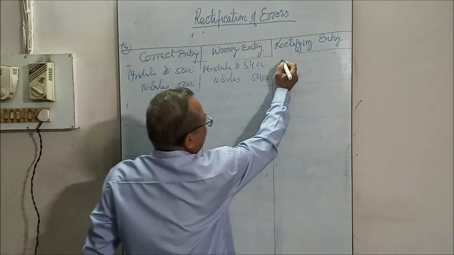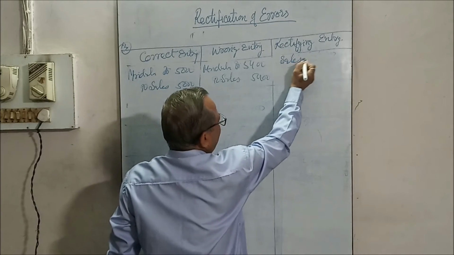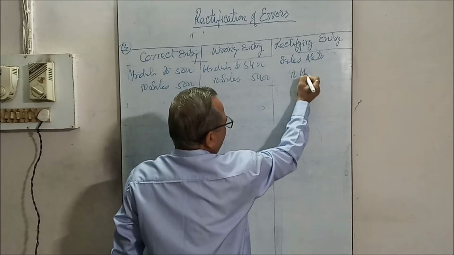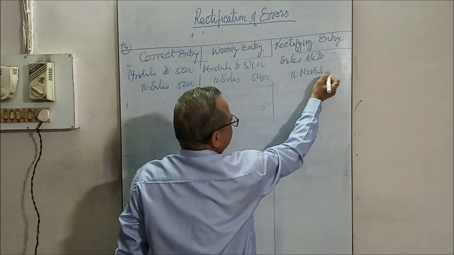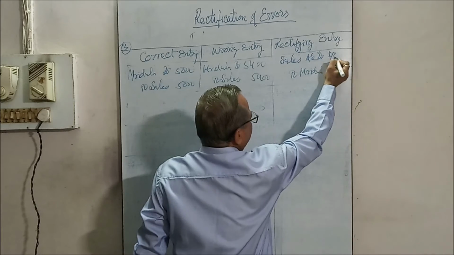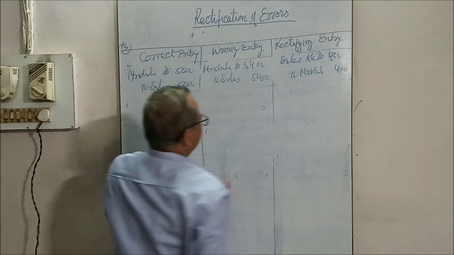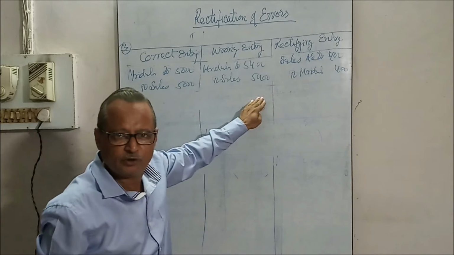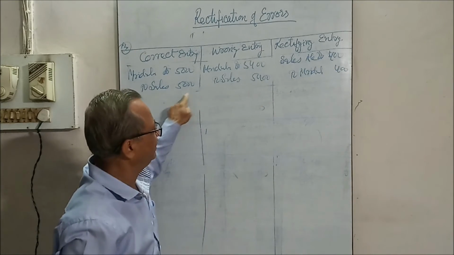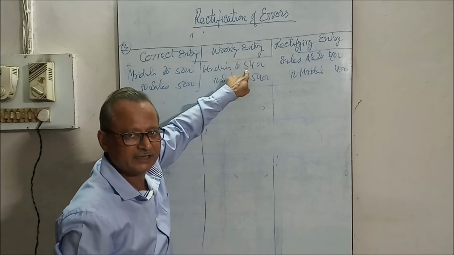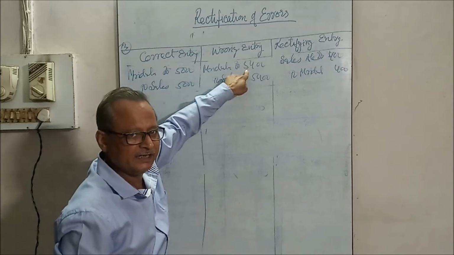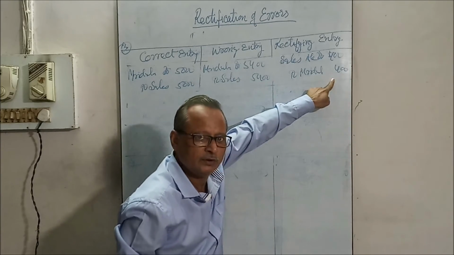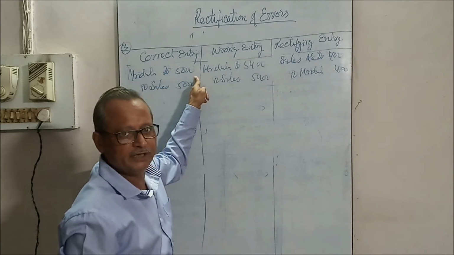Then we will pass for correction: sales account debit to Mridula 400 only. Now 5,400 debited less 400 will become equal to 5,000. Likewise, Mridula was debited by rupees 5,400. She should be debited by rupees 5,000. 400 is credited now, and now it becomes equal to 5,000.